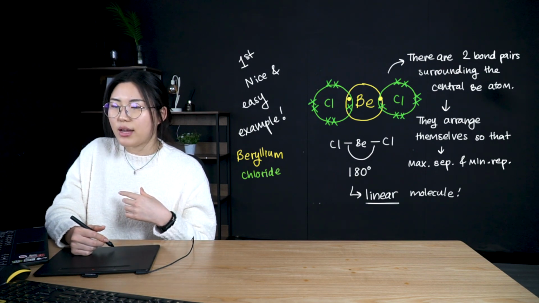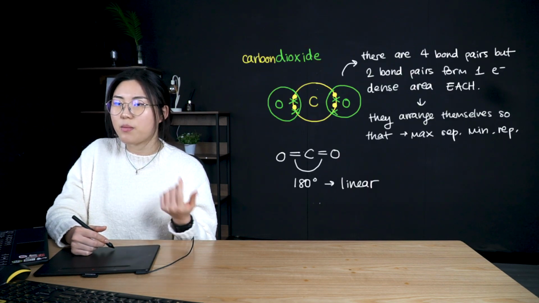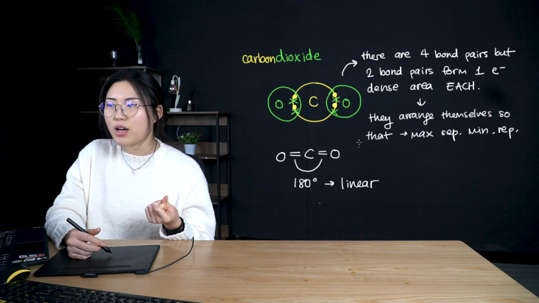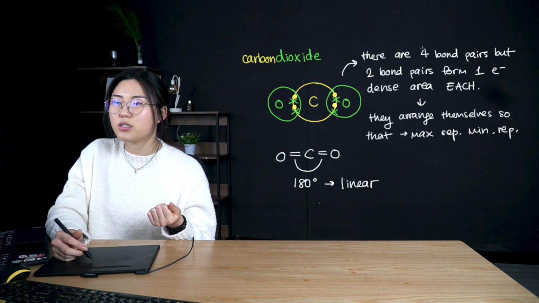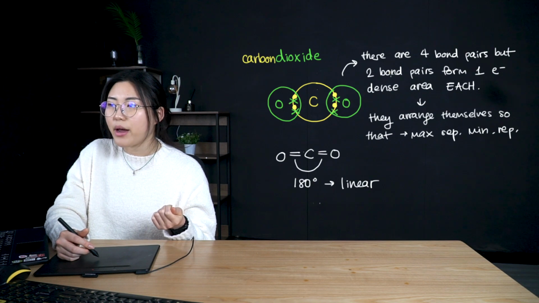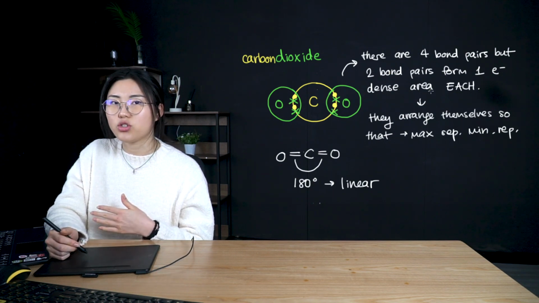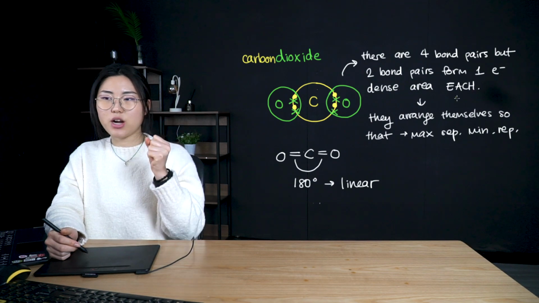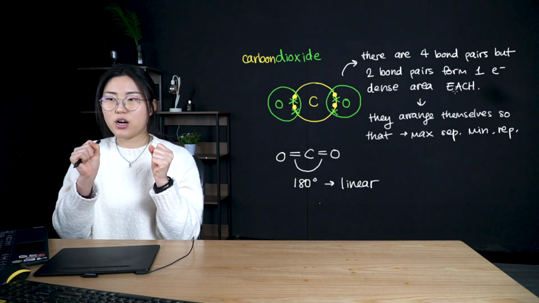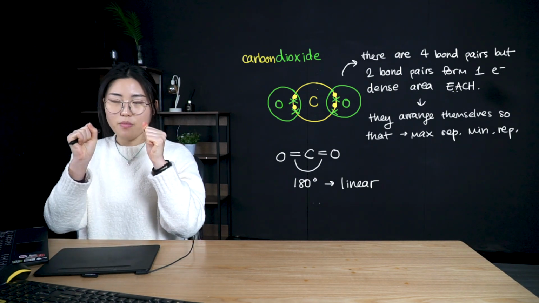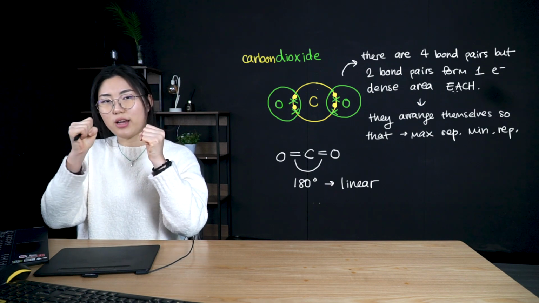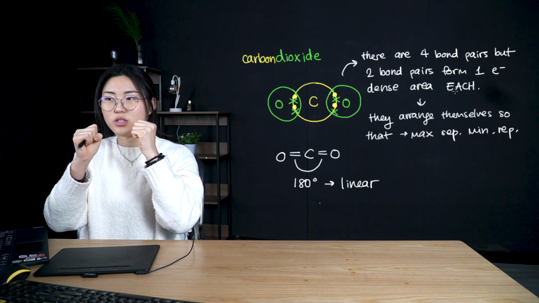Okay, the next example is carbon dioxide. This time we have 4 bond pairs, but 2 bond pairs form one electron dense area each. So there are 2 bond pairs here and 2 bond pairs here, acting as one electron dense area and another electron dense area.